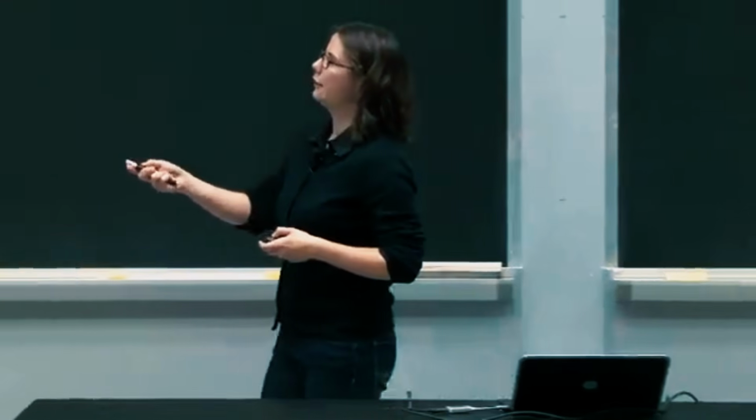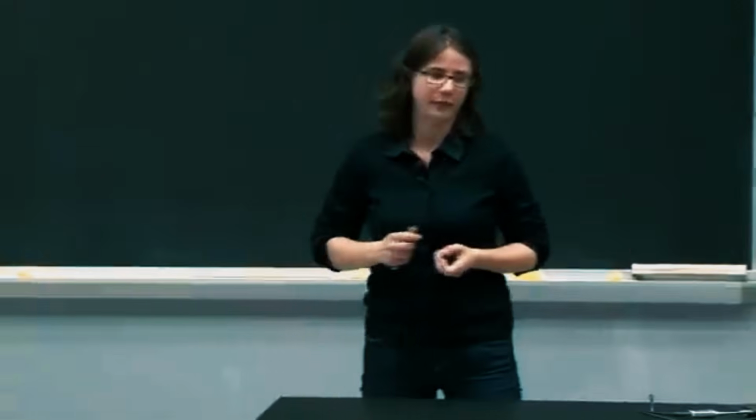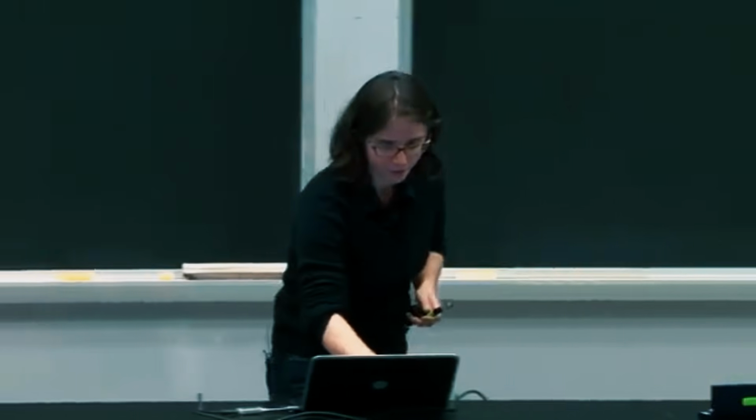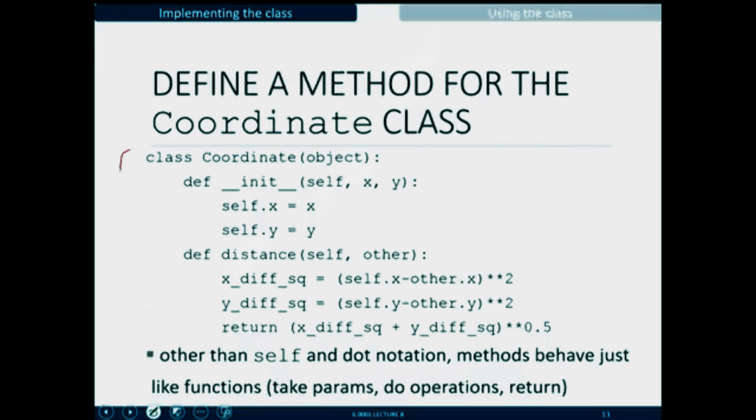So let's go back to defining our coordinate class, and let's define a method for it. So far, we've defined that part there, class coordinate and an init. So in this slide, we're going to add this method here. I'm going to define a method called distance, and I'm going to pass in 2 parameters.